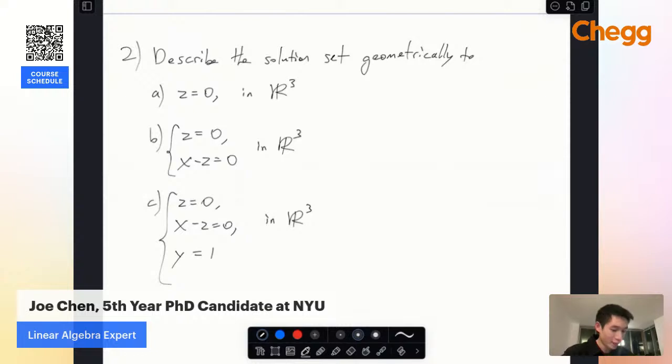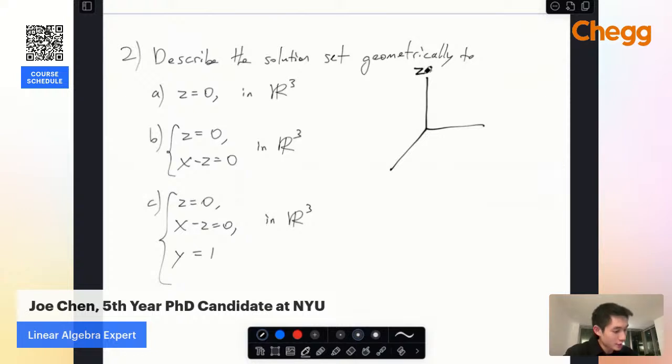Okay, so going back to my example here, I want to describe a solution set to the equation z equals 0 in R3. And so R3, I'll draw like this.